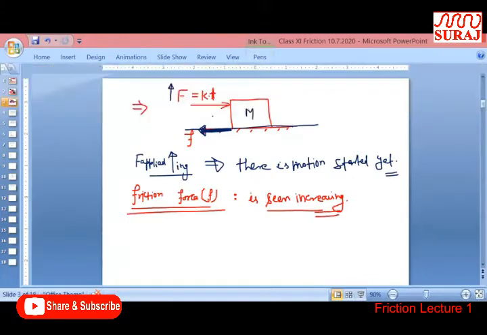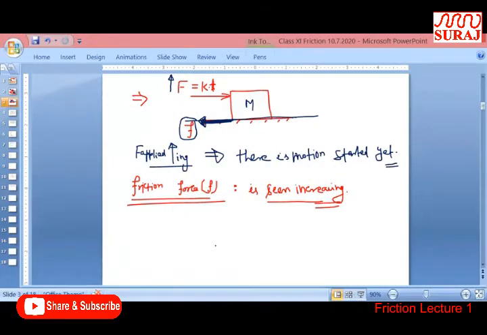Practically what happened when the applied force was increased, then it is seen that if the block is not moving, then the friction force is also increasing with the increased value of applied force.